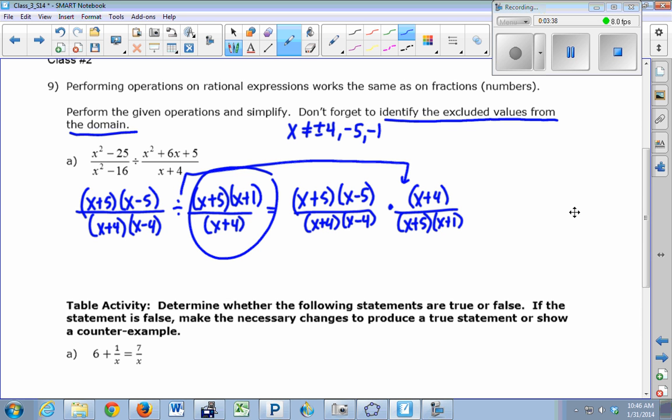Now, to save you frustration with MyMathLab, when you get to this part of your homework and it asks you to put in the numbers that are excluded, they want you to write them from smallest to largest. So when you write these 4 numbers into MyMathLab, you'll want to enter them like this: negative 5 is your smallest number, negative 4, negative 1, and 4.